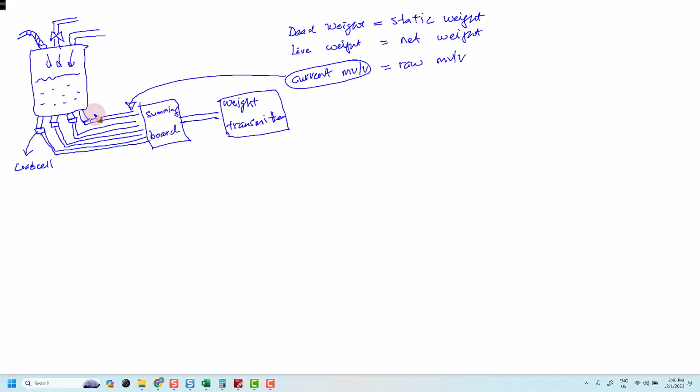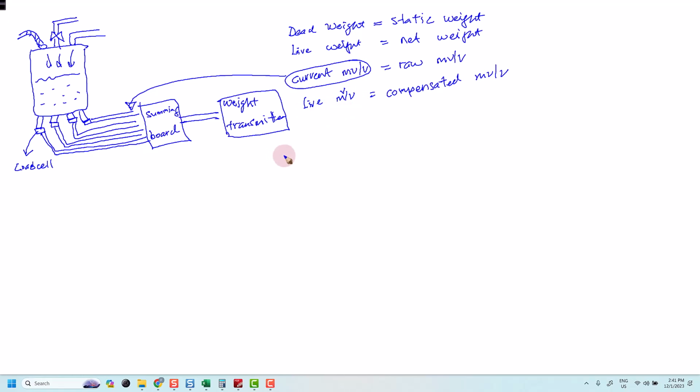And how about the live millivolt per volt? Live millivolt per volt is a compensated millivolt per volt, meaning when you apply the tare or zeroing to the weight transmitter, this millivolt per volt will be compensated, and it is called live millivolt per volt.